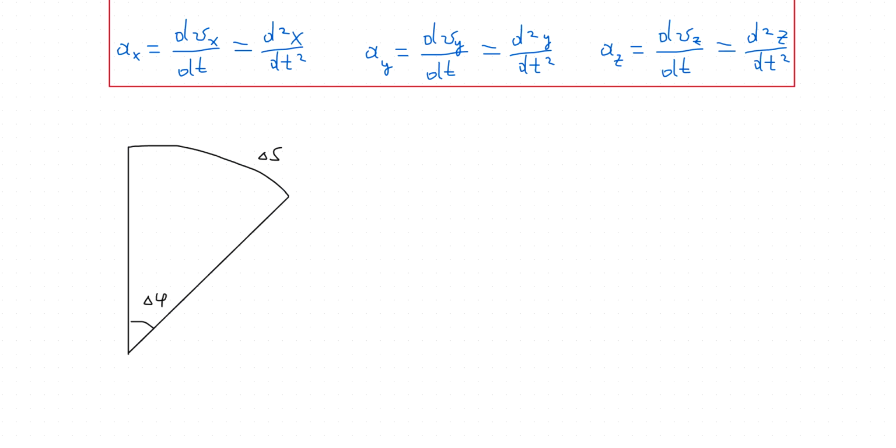Radius of the circle is r. And velocity is always tangent to trajectory. So velocity is here. It is tangent to trajectory.